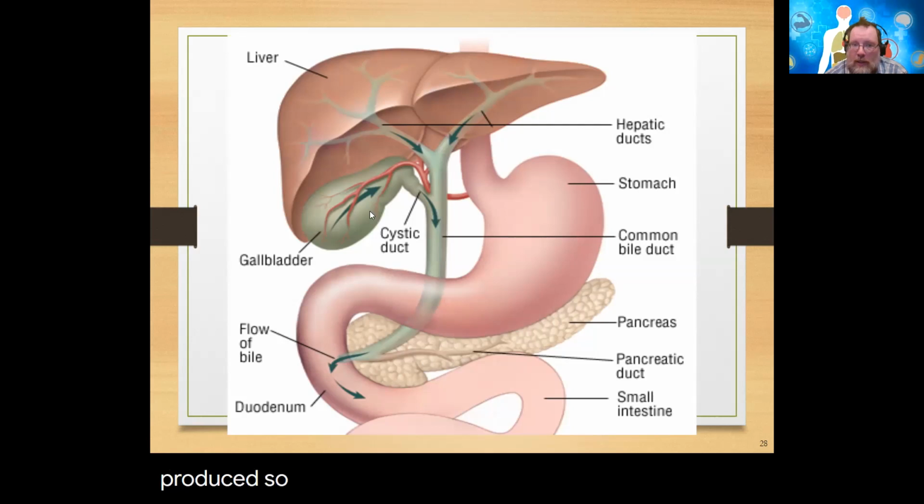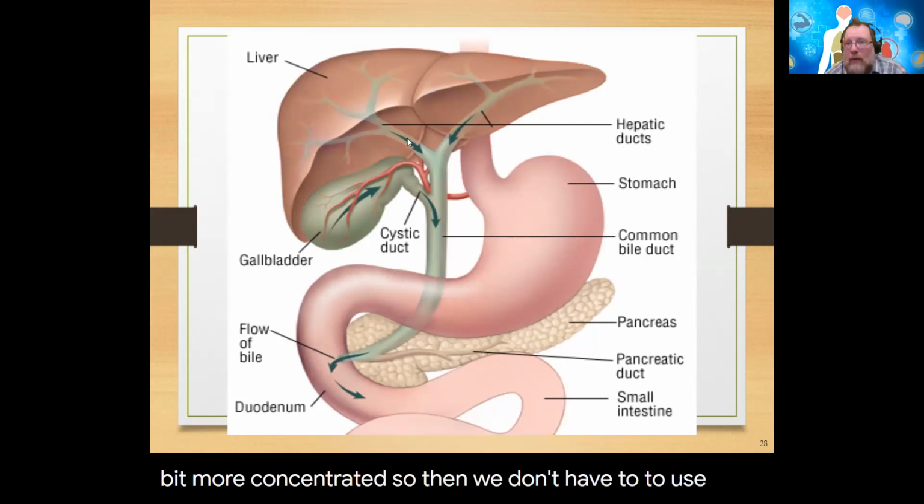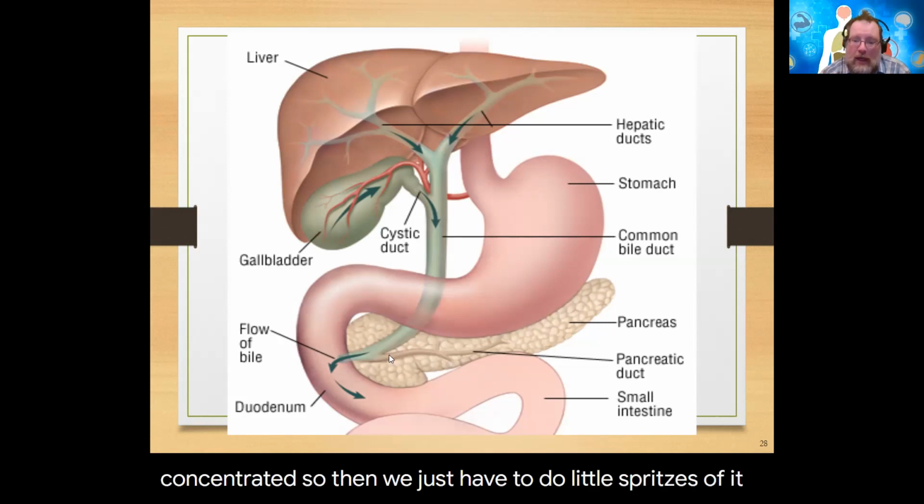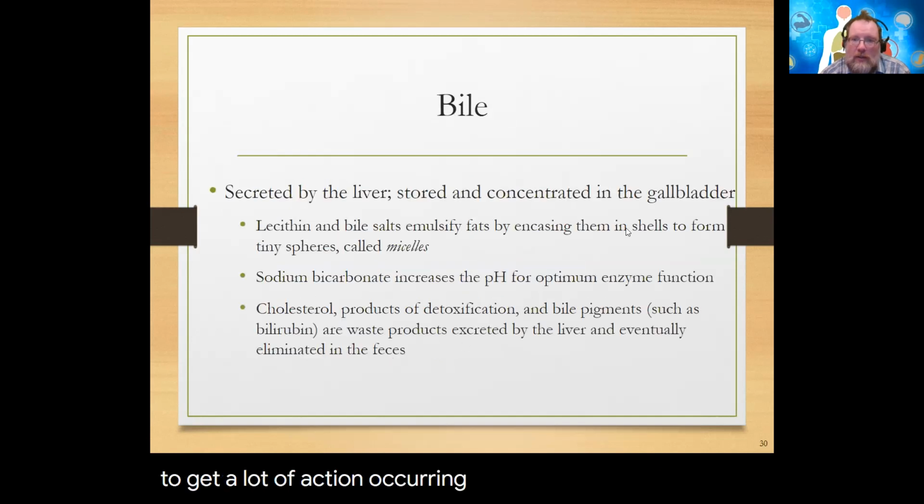So when we put it in the gallbladder, it gets a little bit more concentrated, so we can get it even more concentrated. Then we just have to do little spritzes of it to get a lot of action occurring. Okay, so it's stored and concentrated in the gallbladder, produced and secreted by the liver.